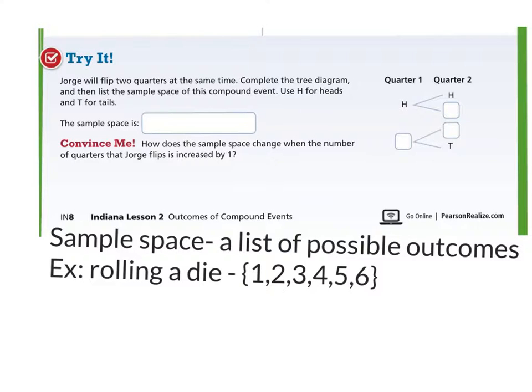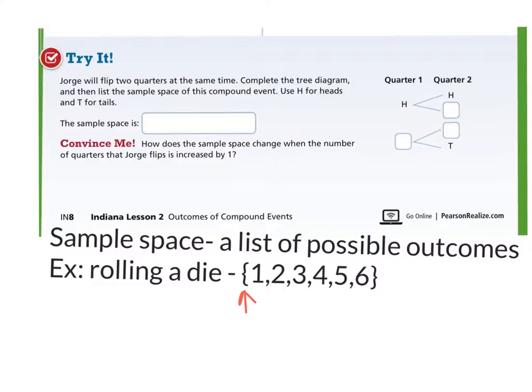But normally 1, 2, 3, 4, 5, 6. When we list a sample space, you'll notice I put these braces around it. Not like the braces on your teeth, but these braces. That's just how they write sample spaces, kind of like we put ordered pairs with parentheses around them.